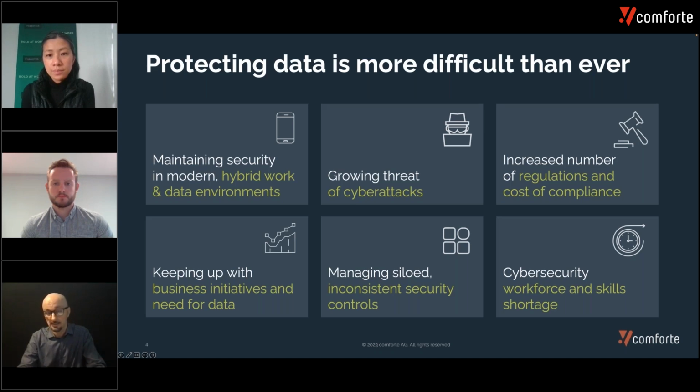One of the main reasons is the complexity of modern data environments, where data is stored, transferred, and used in a variety of systems and applications that are spread across hybrid multi-cloud environments. And this whole environment is usually not under full control of your security team, right?